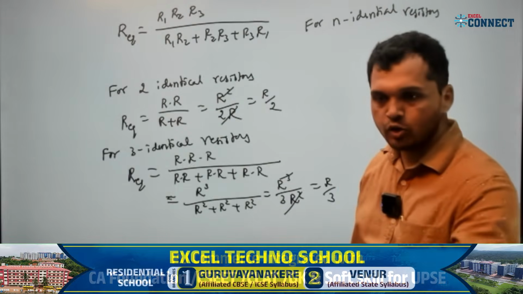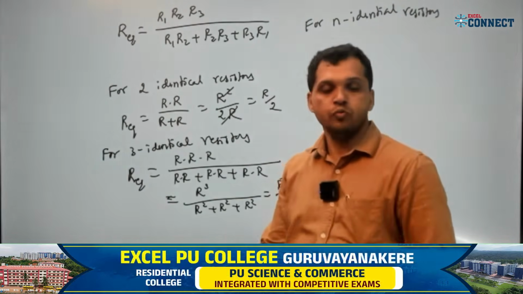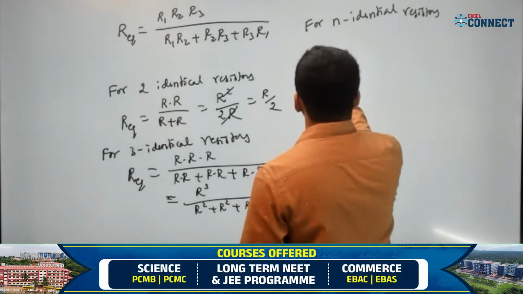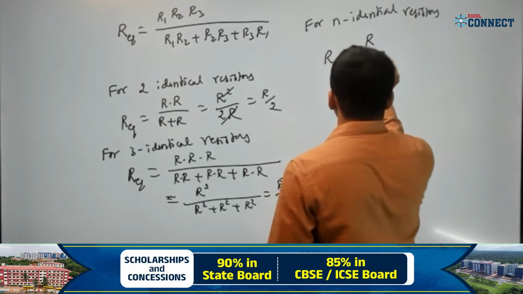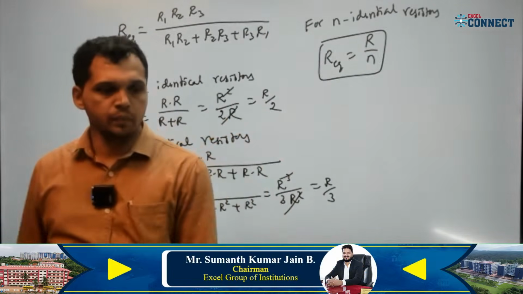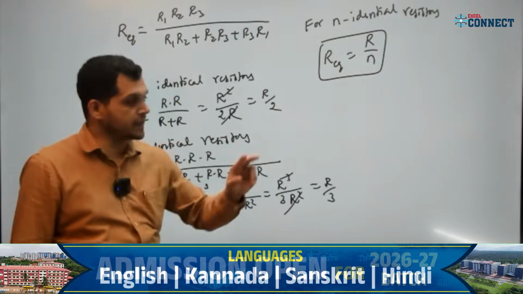For 3 resistors, R by 3. For 4 resistors, R by 4. For 5 resistors, R by 5. For n resistors, R equivalent is R by n. Correct? R by n.